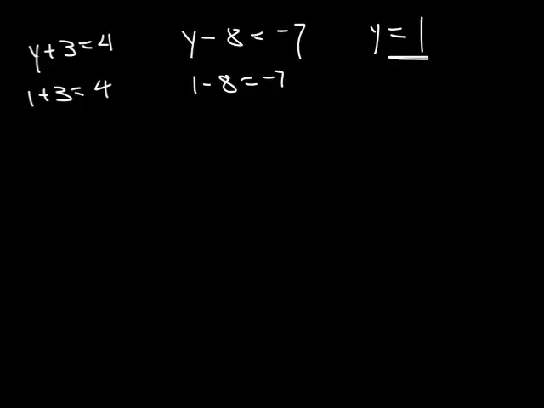So if two numbers are equal, and we increase both of them by the same number, the resulting quantities are also equal. Which means if two numbers are equal, so if we took, let's say, x plus 6, and we said that that was equal to 5.